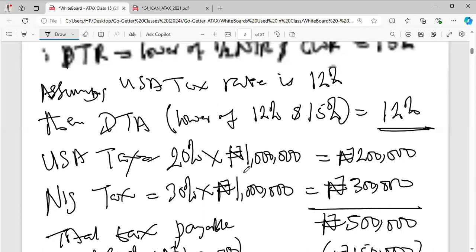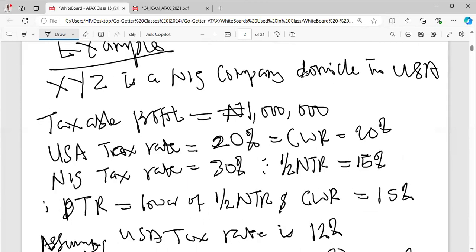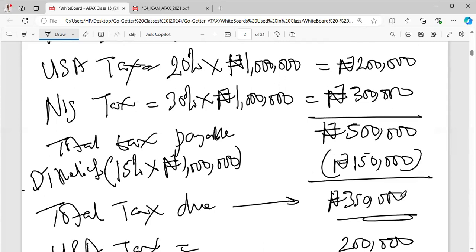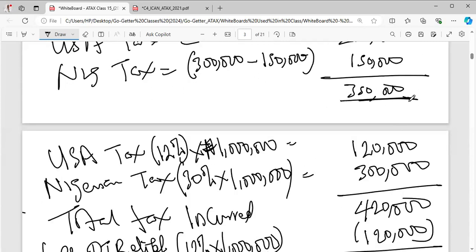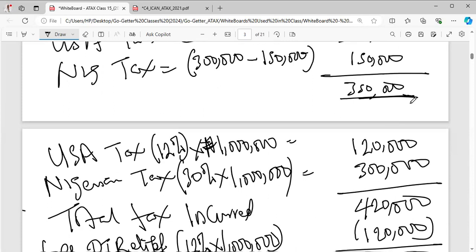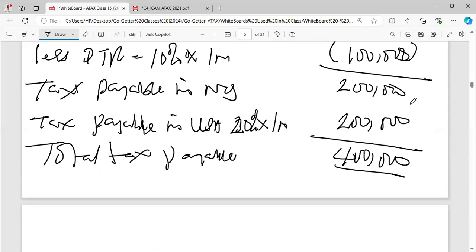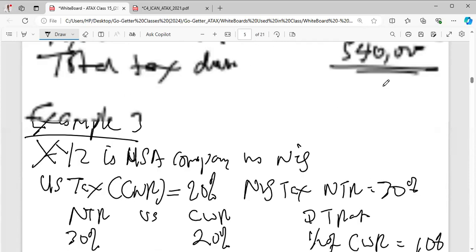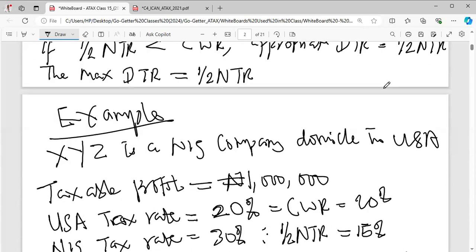It is still the same tax rate, but because it is a Nigerian company, can you see that the total tax paid is 350, right? Total tax paid is 350 as against 400.